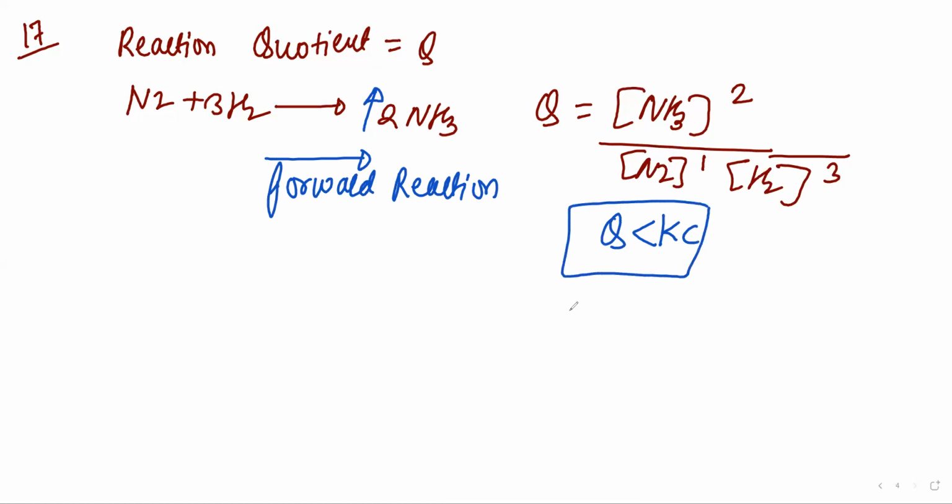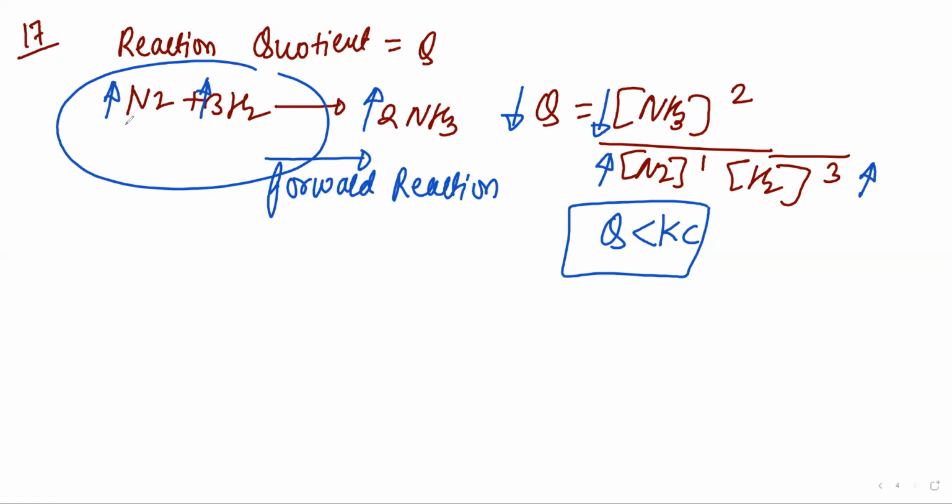So this is the main point, right? This value should be less. To make this less, the concentration of products should be less and more reactants should be there, so we have to add more of the reactant part, like nitrogen and hydrogen. So write this main point.